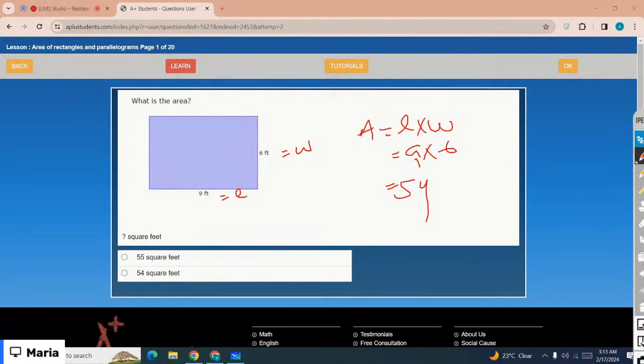The correct option is 54 square feet, right?